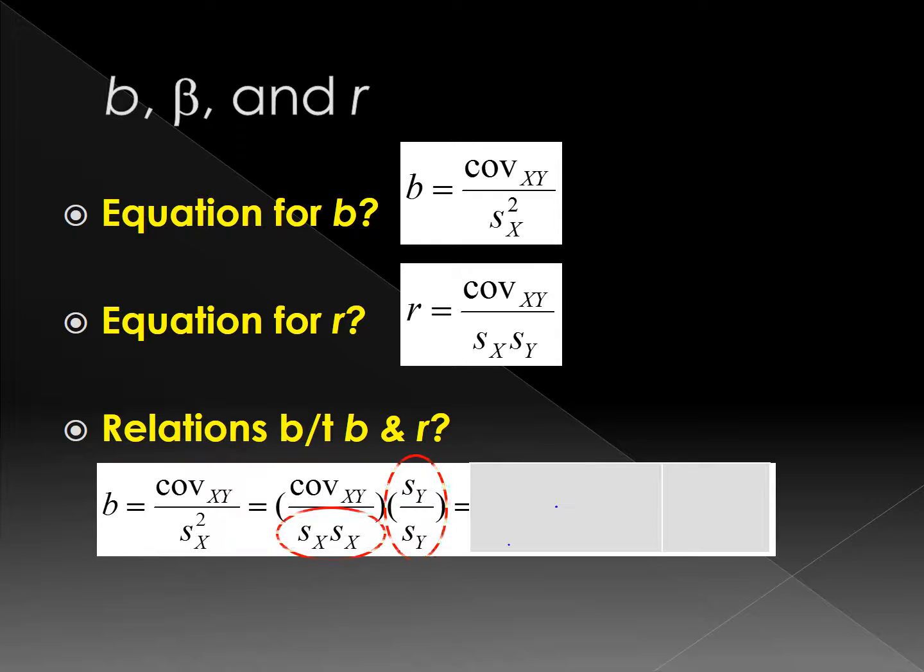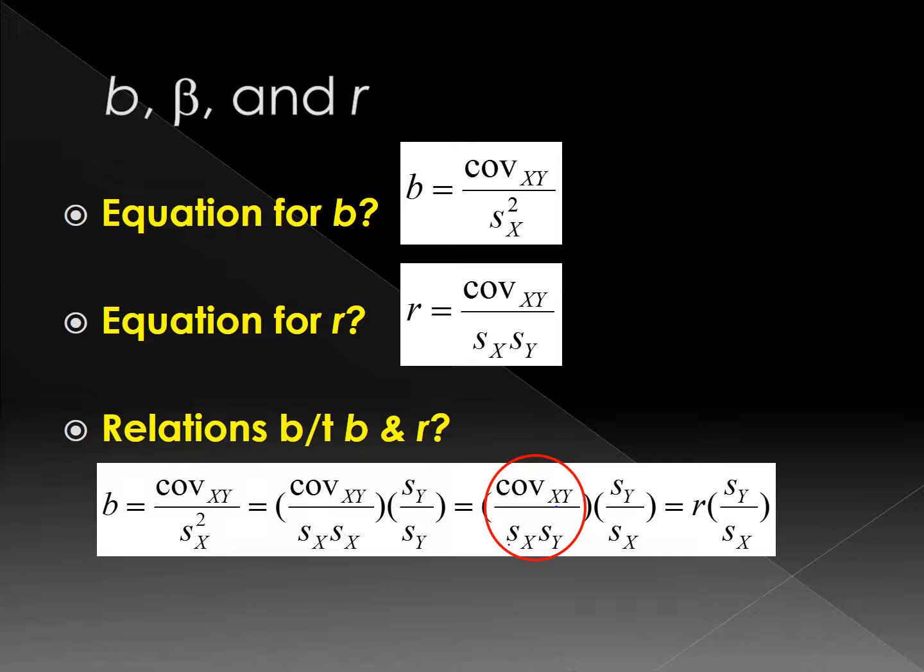The formula becomes covariance of xy divided by sx multiplied by sy, multiplied by the ratio of sy over sx. This is the correlation coefficient. Therefore, B equals the correlation coefficient multiplied by the ratio of standard deviation of y and standard deviation of x.